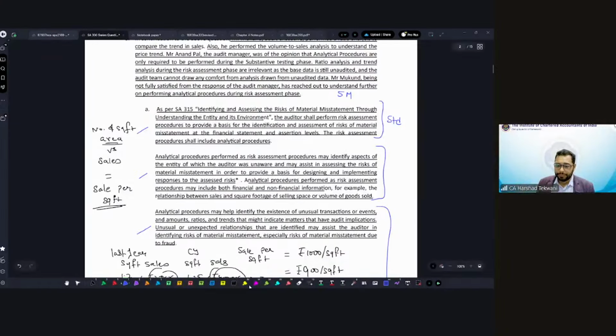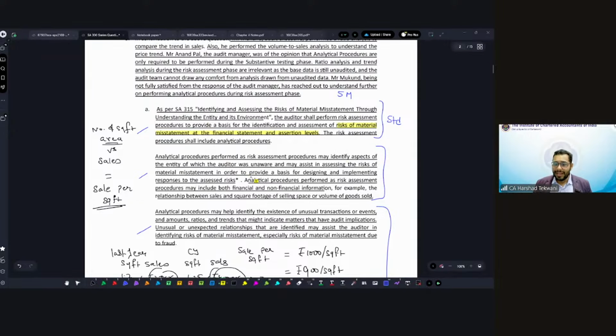For example, if I'm highlighting key important terms, like risk of material misstatement at financial statement and assertion level, you should write risk of material misstatement at financial statement and assertion level rather than the risk in the financial statement, risk in the assertions. That should not be the way.